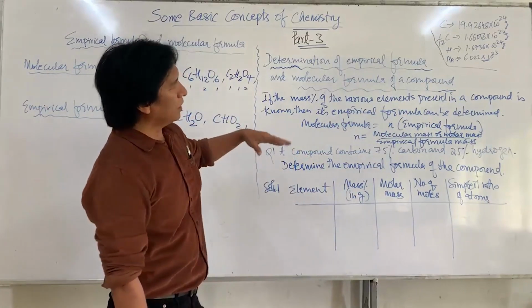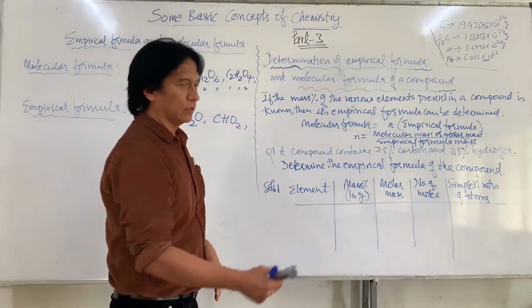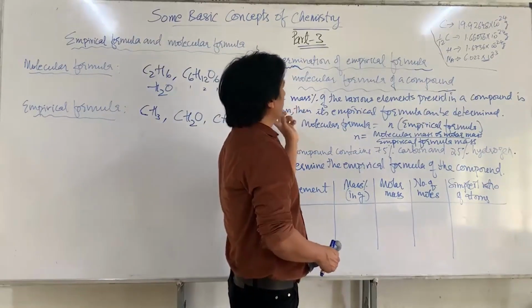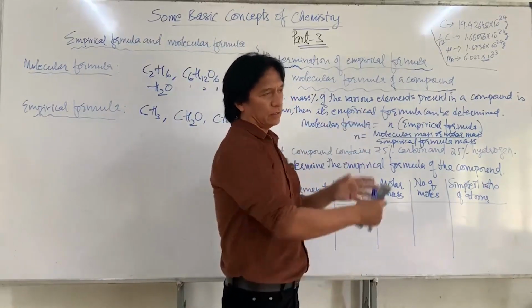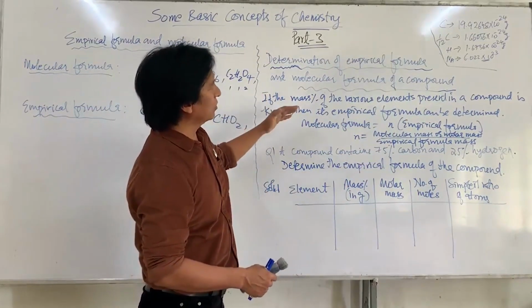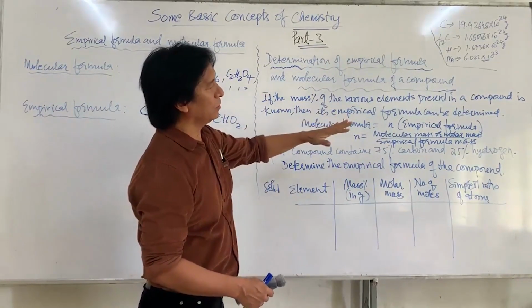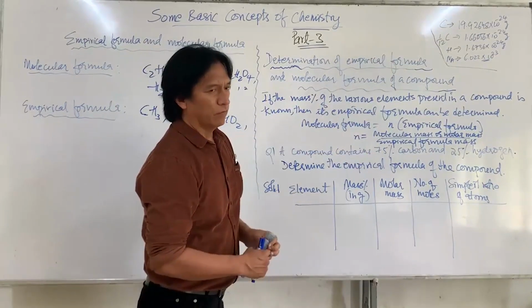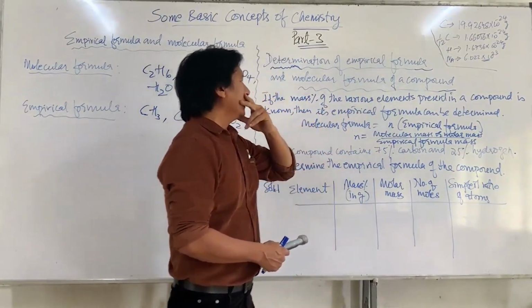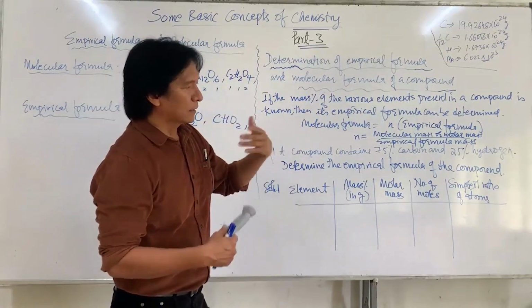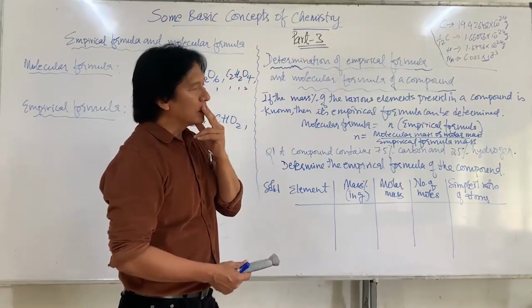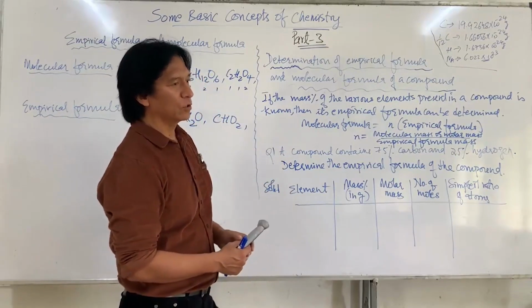So using this mass percent of the various elements present in a compound, you can determine the empirical formula.